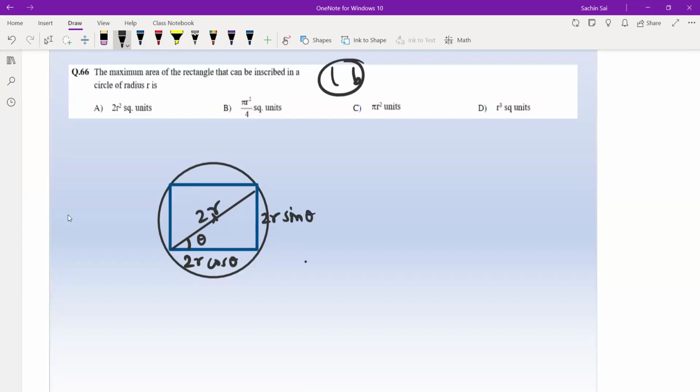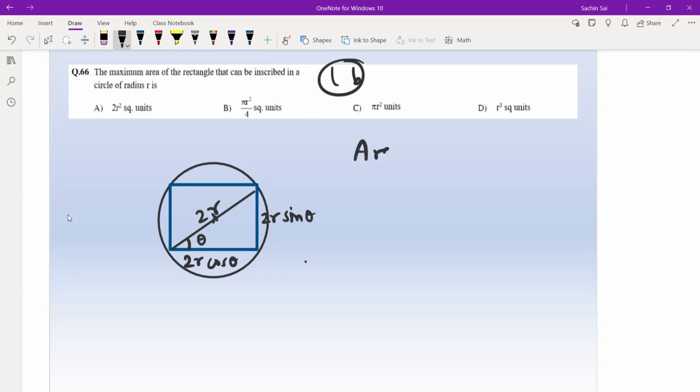In this particular case, r is a constant, so I've used only one r. So as the area of the rectangle changes, the value of theta will change. But because this rectangle is inscribed in a circle, its diagonal length will always be 2r. Length of the diagonal will be a constant.